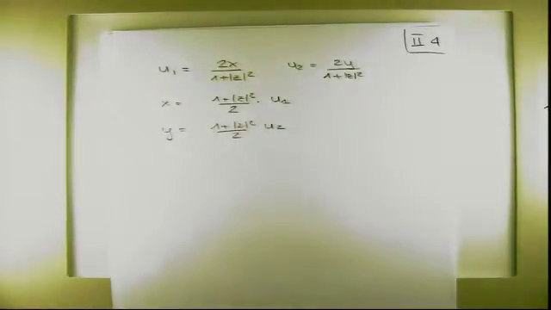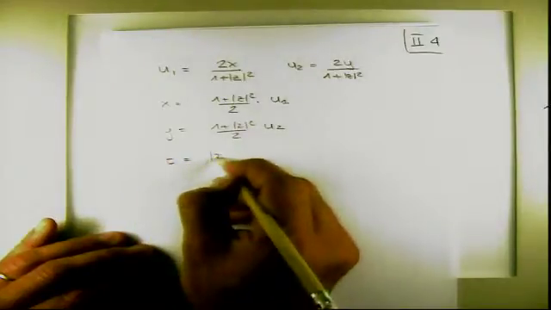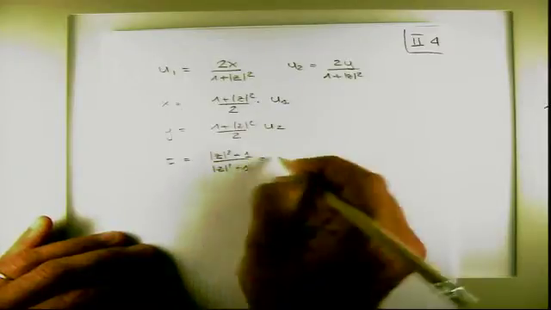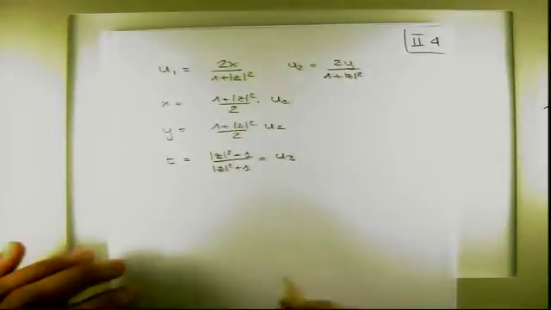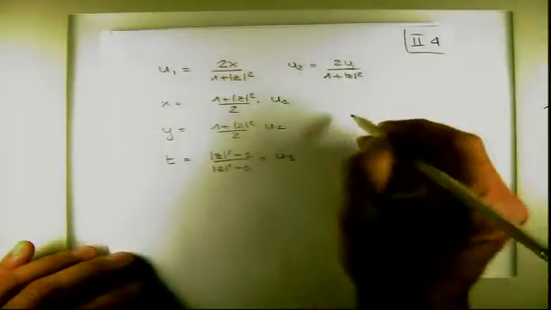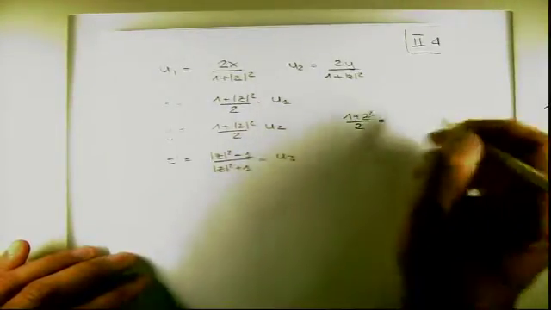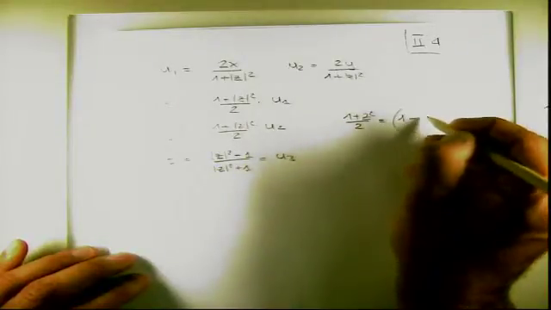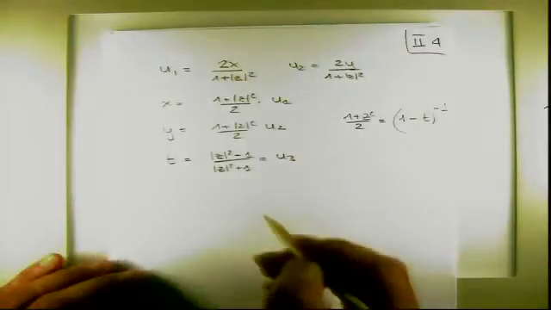Okay? And t was modulus of z squared minus 1 over modulus of z squared plus 1, which is u3. Remember that this number here, 1 plus modulus of z squared over 2, was obtained considering what? The reciprocal of 1 minus t. Okay?